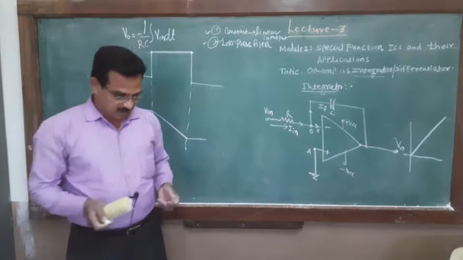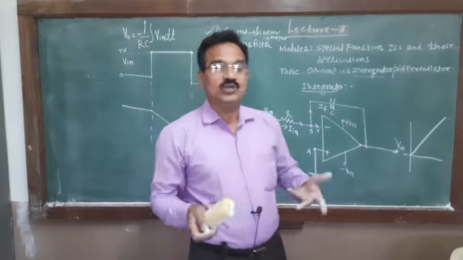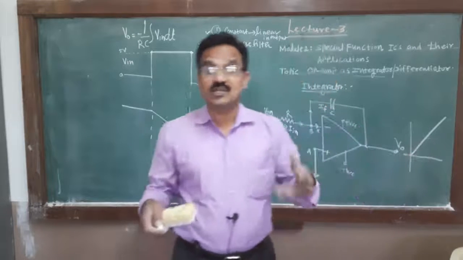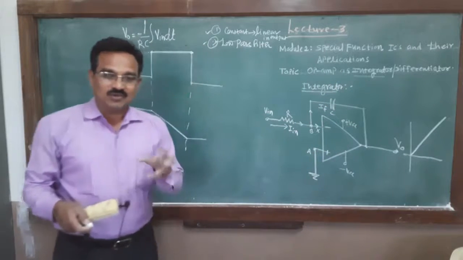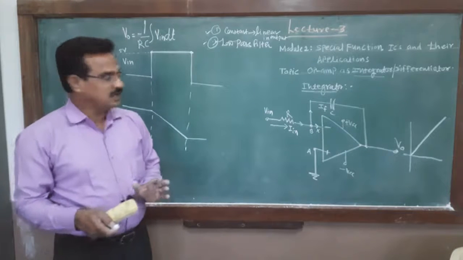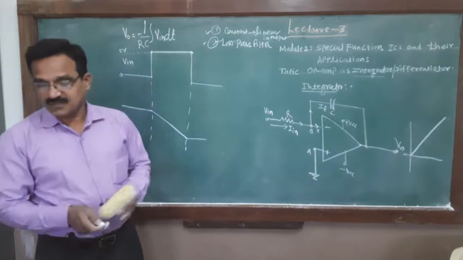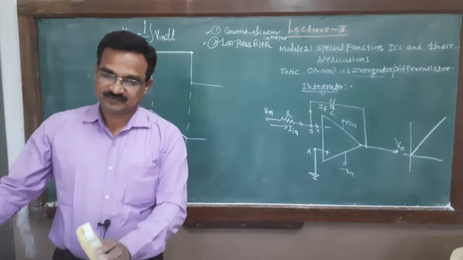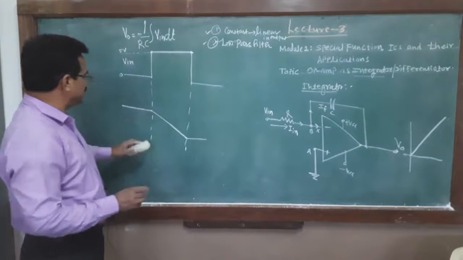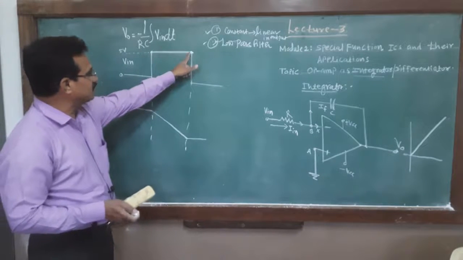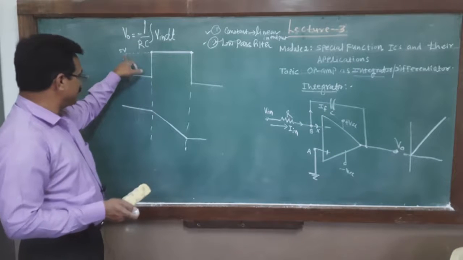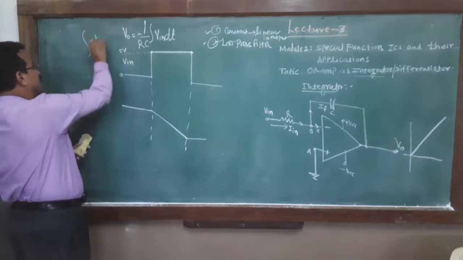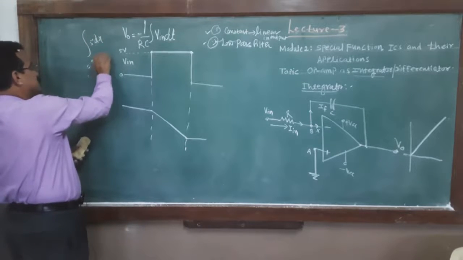And many times the question asks, how will you obtain the ramp signal? Or which circuit is used for the production of the ramp signal? Remember that with the help of the integrator, ramp signal can be obtained. Remember this. After that, suppose for a constant 5 volt, the integration of 5 dx is 5x plus c.